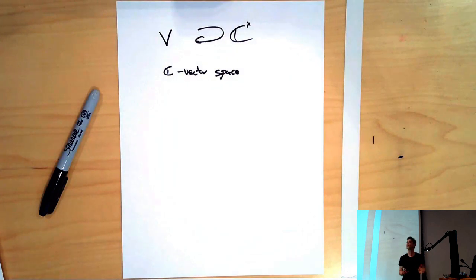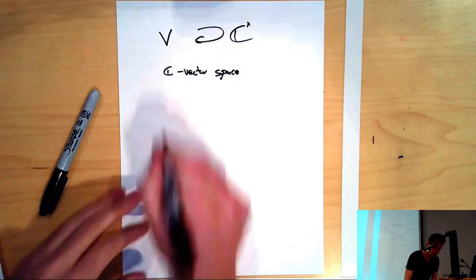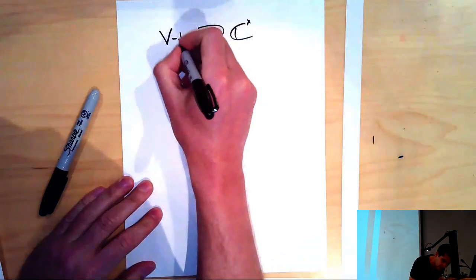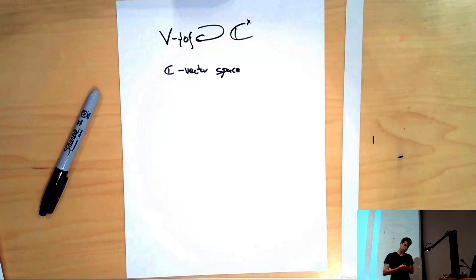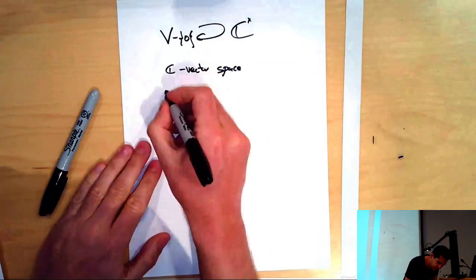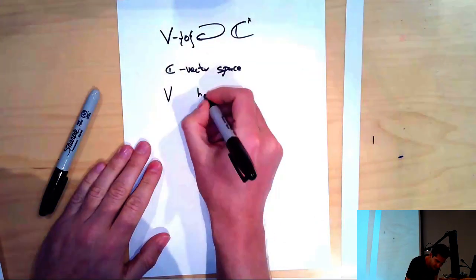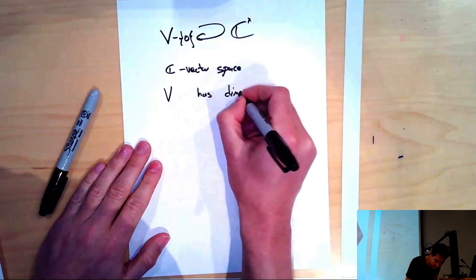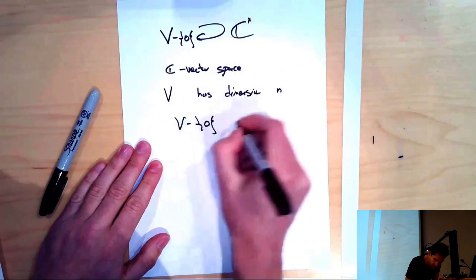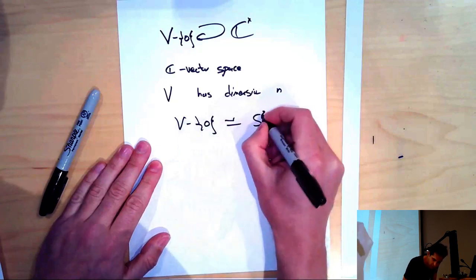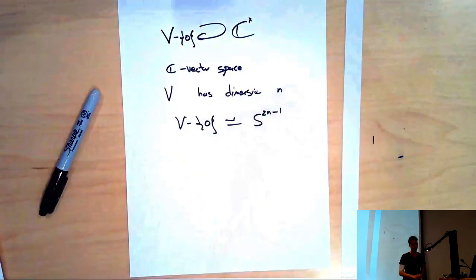There's a fixed point, right? The element 0 in V. But if I take out 0, then C star is acting freely on V minus 0. Now if V has dimension n, then V minus 0 is homotopy equivalent to a sphere of dimension 2n minus 1.